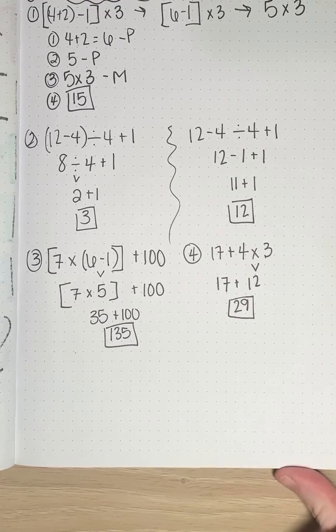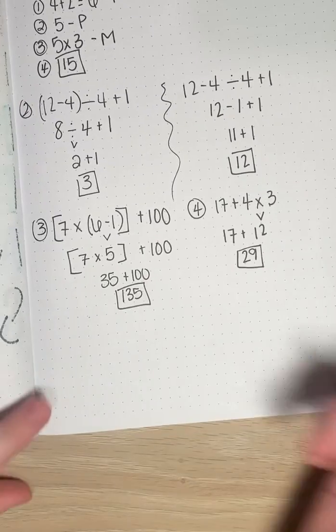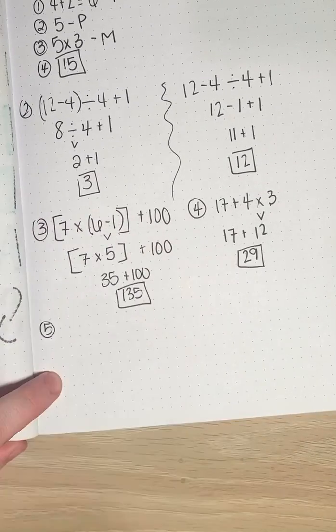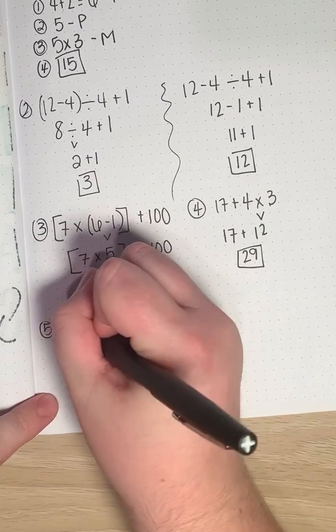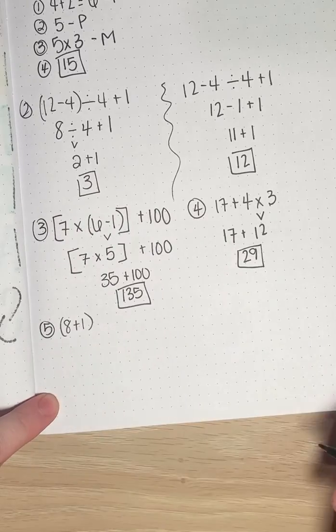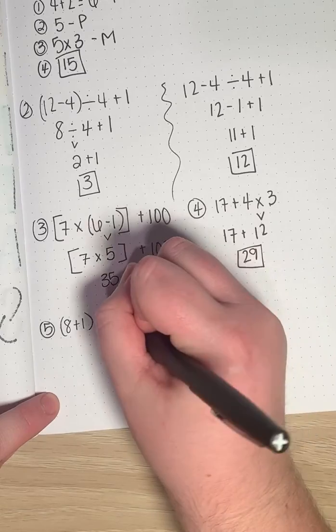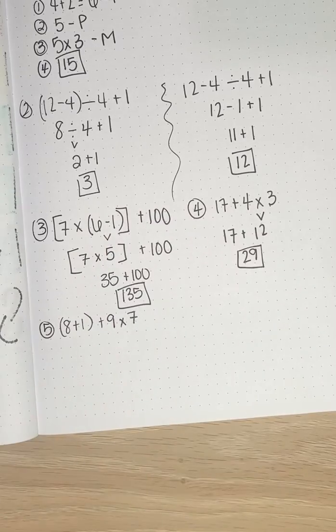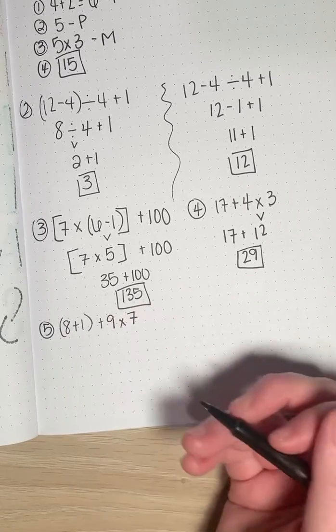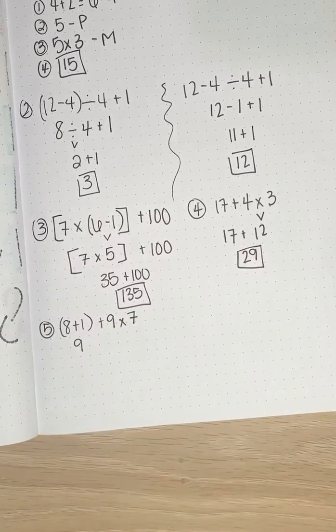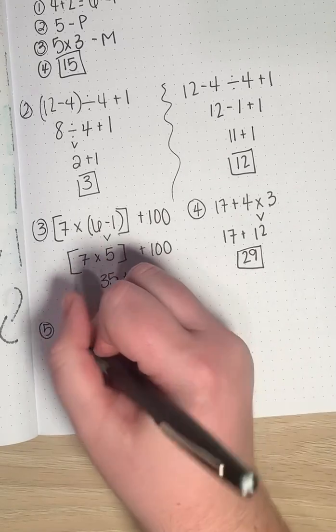All right, on to number 5. I have 8 plus 1. Those are inside parentheses. Plus 9 times 7. All right, first thing I'm going to do, again, I always start with those parentheses. So 8 plus 1 is 9. I can drop my parentheses.